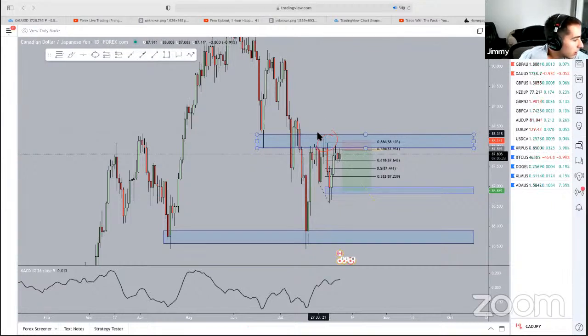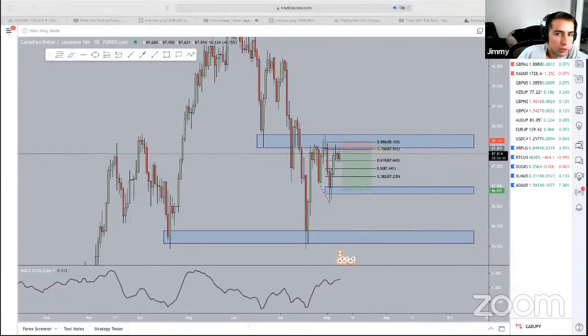And I can combine this zone with a nice fib level of this previous impulse to the downside. You take your fib from this high to this low, you have a perfect 786 level at this resistance zone.